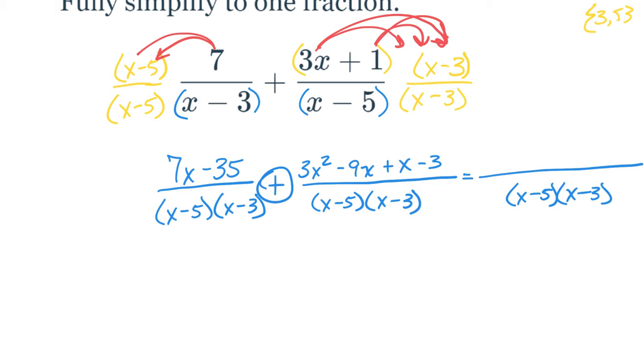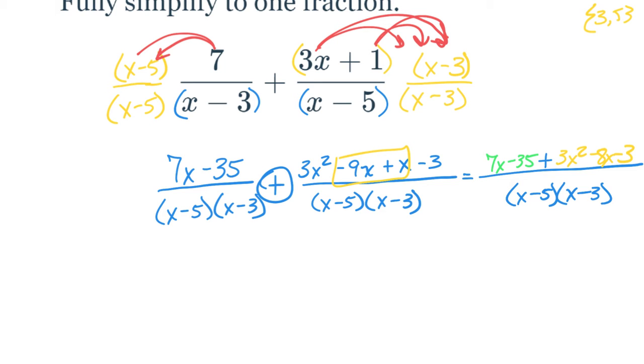So we have on the left side a 7x minus 35, and we will be adding 3x squared, and I'm going to go ahead and combine these two, minus 8x minus 3.